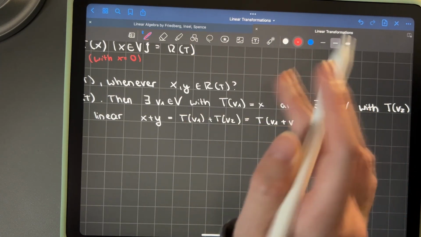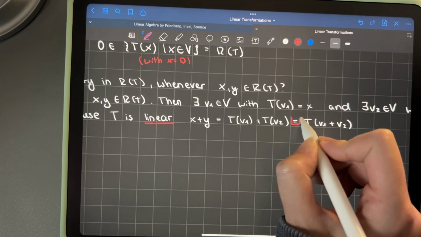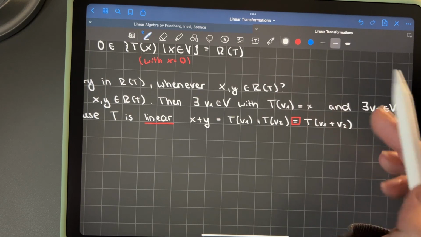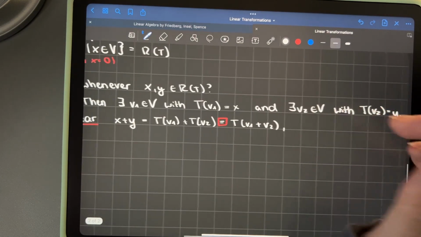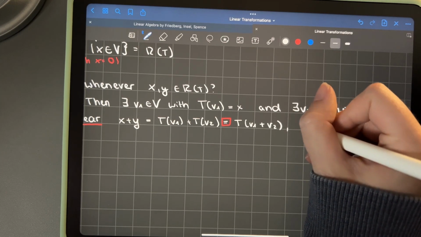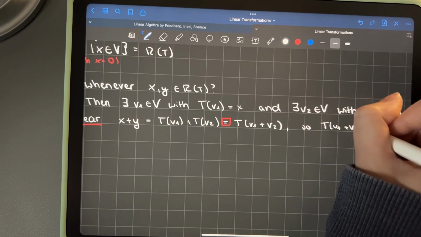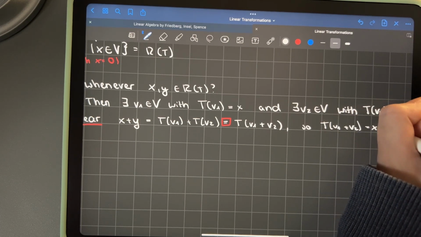Let's again mark this in red. So it's linear. That gives us this equality. And the whole equality gives us T of v1 plus v2 is x plus y.